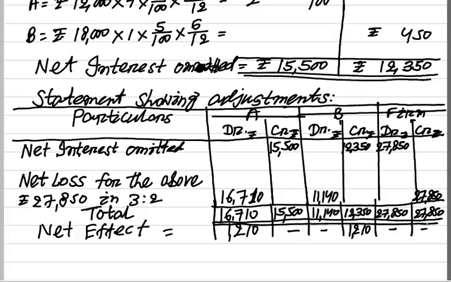Now we will prepare fair notes and pass the journal entry and capital accounts. They have asked, see the last line, you are required to pass journal entries and show adjusted capital accounts of the partners. So let's prepare the journal entry. First of all, we have to prepare fair notes.